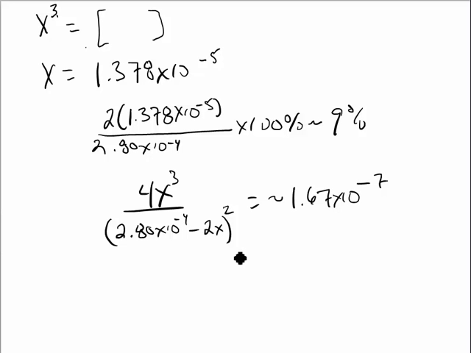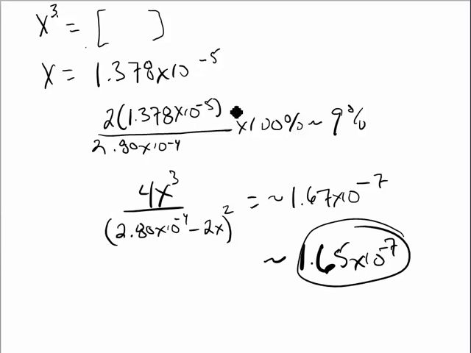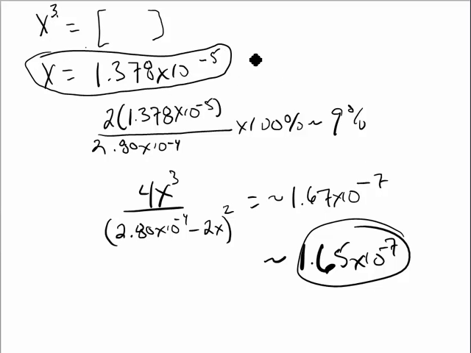And if you do that, you find out it is 1.65 times 10 to the minus 7. And that is close enough. So our answer for the concentration of S2 becomes that. And it's actually the right number, so it figures 1.38 times 10 to the minus fifth is our concentration for S2 at equilibrium.